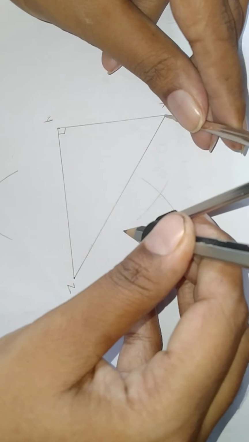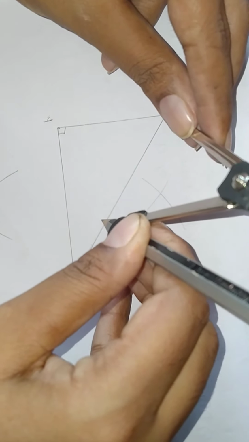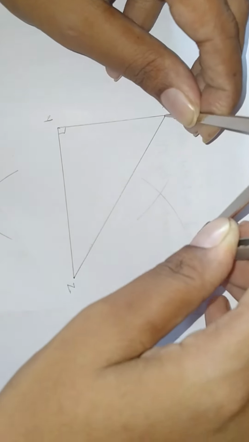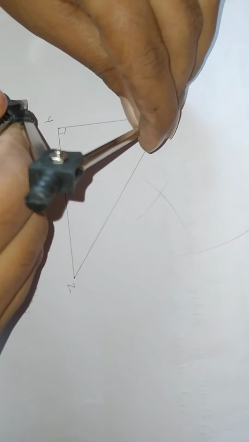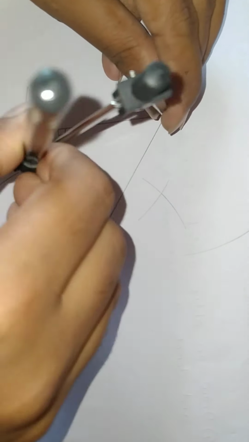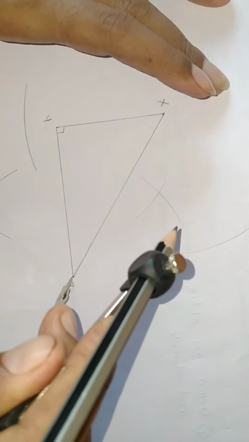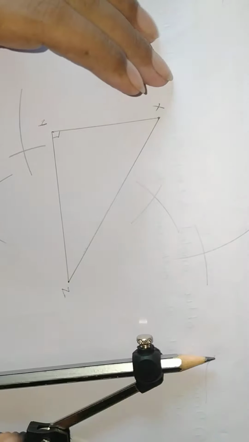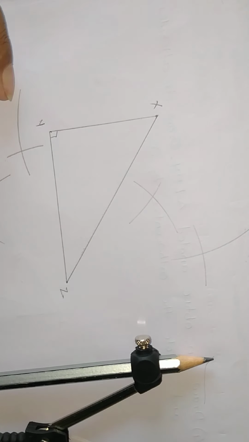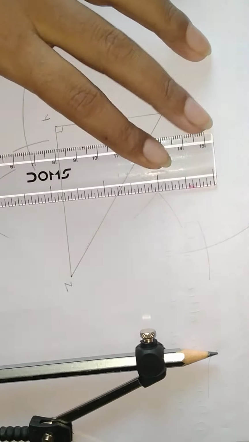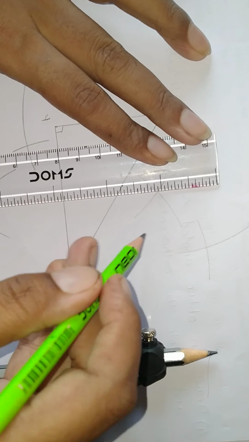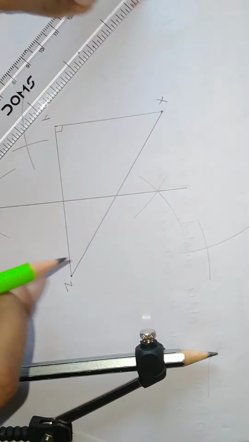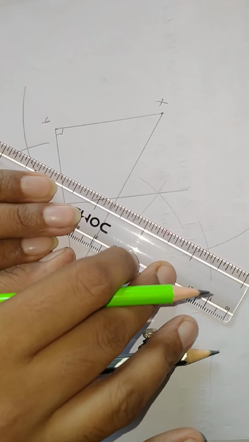Then for segment XZ, we'll join the first one, then this one.